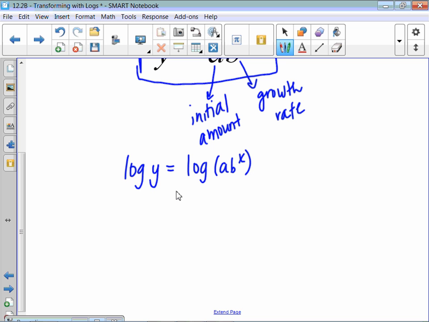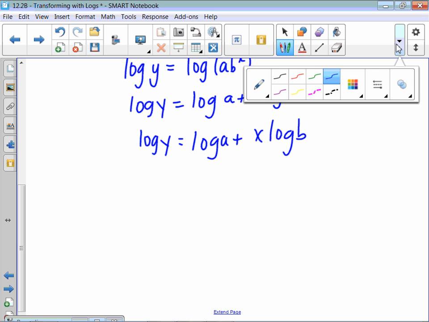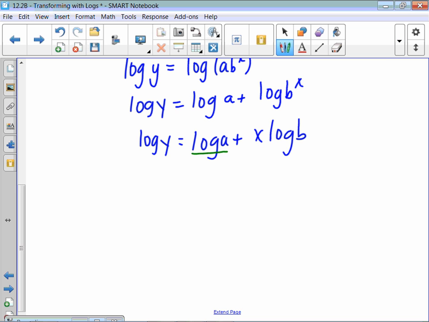I'm going to expand this just like I did before. I'm multiplying, which means we add. So I get log a plus log b to the x power. The x goes in front. If you don't remember this, it's not overly important, so don't worry. Remember that a and b are constants, which means this whole thing is a constant.